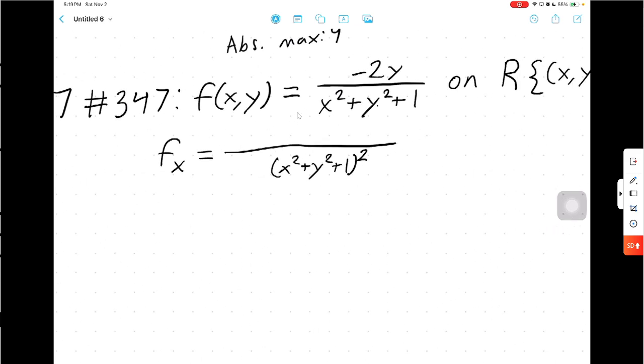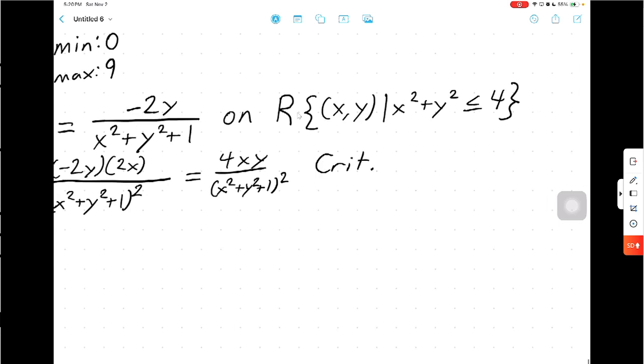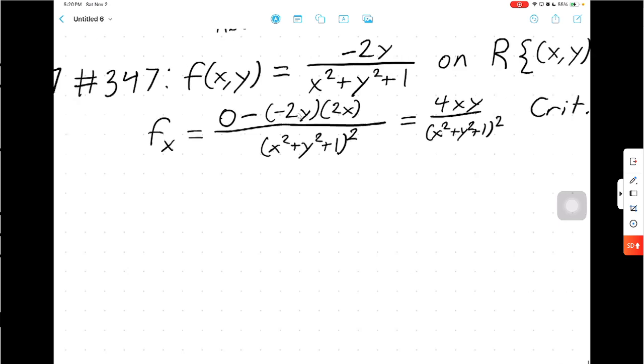Alright, low d high, high d low. 4xy over this. X equals 0 or y equals 0, inclusive or, it can be both as well.